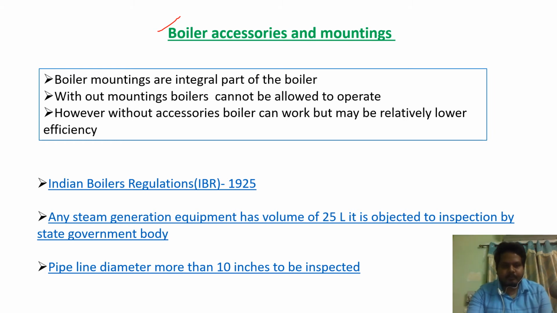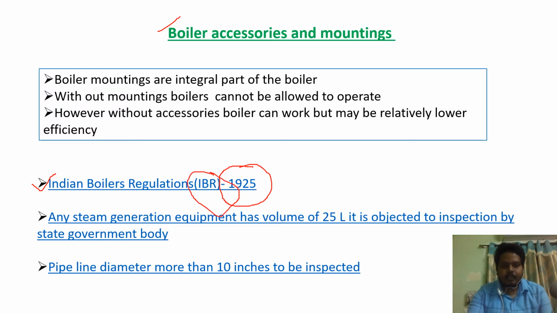In India, we have an Act, the Indian Boiler Regulation. It was started in 1925. At that time, they observed that many accidents had happened during the 19th century. So, to control the accidents, they formed a committee. It was named the Indian Boiler Regulations, IBR.